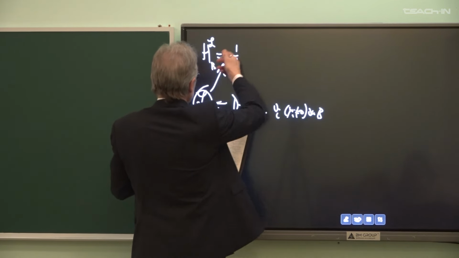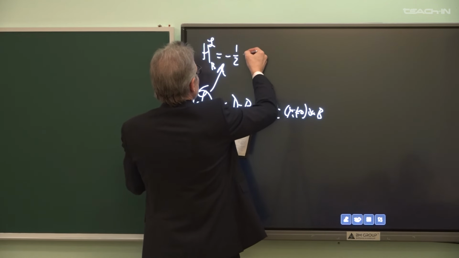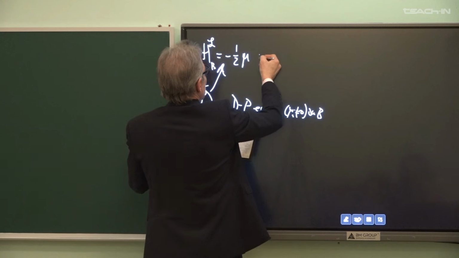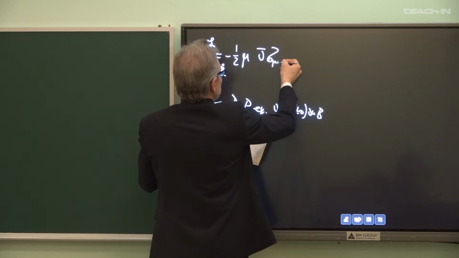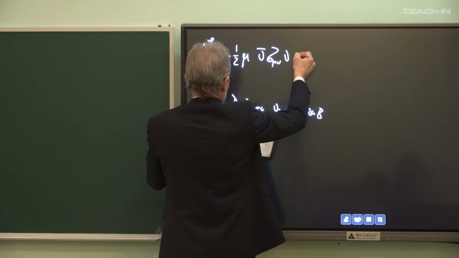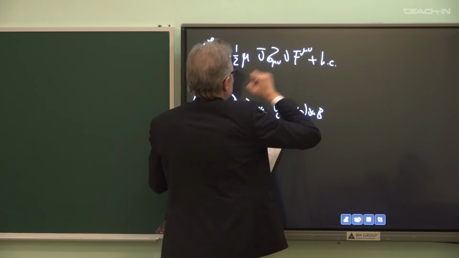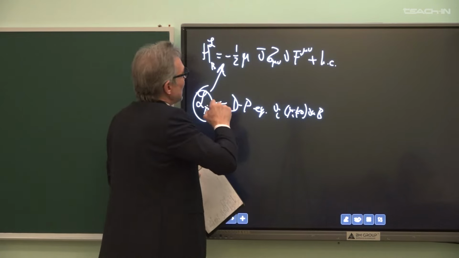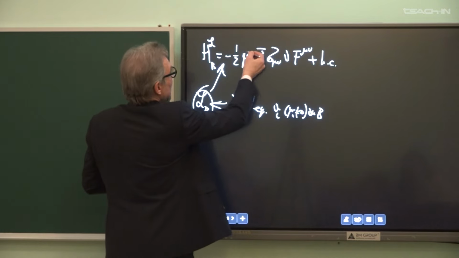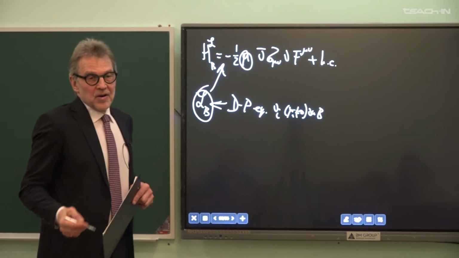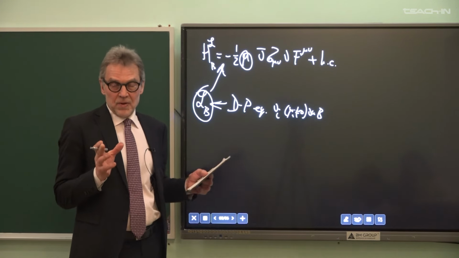Okay, so this Hamiltonian, we have discussed already. This is magnetic moment, nu bar sigma mu nu, nu f mu nu plus Hermitian conjugate. Now, for the further needs, I would like to introduce a more complicated electromagnetic property that probably exists in nature.